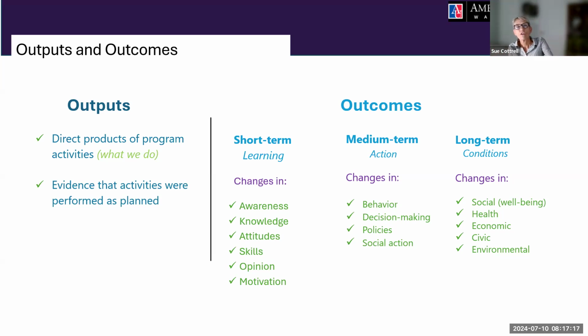So you see that it goes from the things, outputs that you readily control, to short-term, medium-term, and long-term outcomes, which you have much less control over. But you're hoping, your theory of change is that if I do all these things and they participate in them, then actual changes in behavior and learning and action will happen.